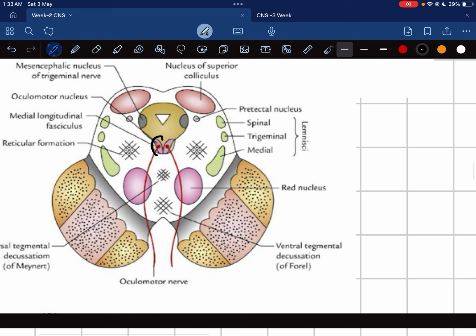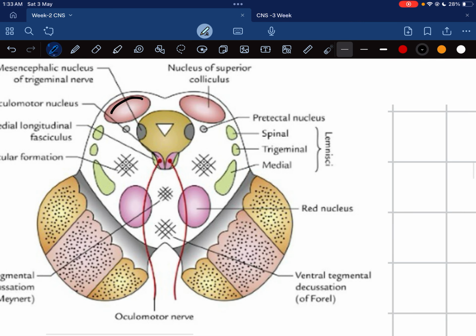There is a nucleus for the oculomotor, and the nerve fiber passes medially, posterior to the interpeduncular fossa, and passes out, medial to the crus cerebri.